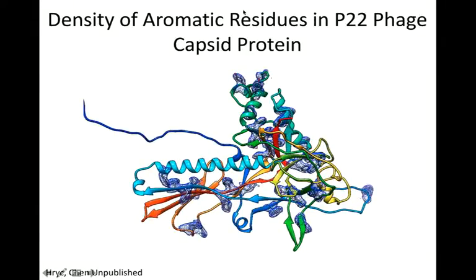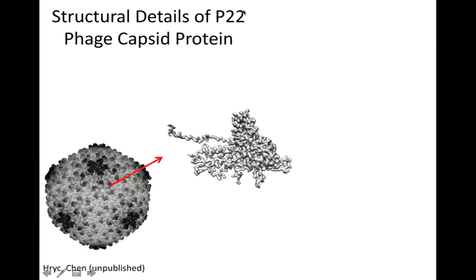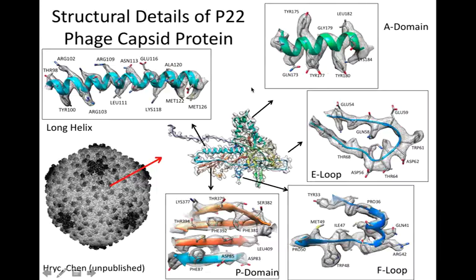Having done this, in this slide we show not only the aromatic residues, but all the residues in this 430 amino acid long polypeptide of one protein subunit.